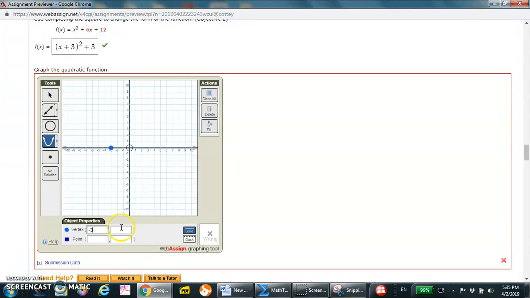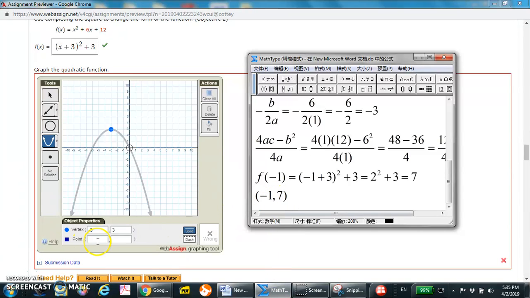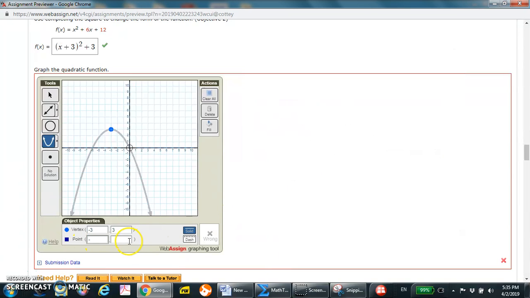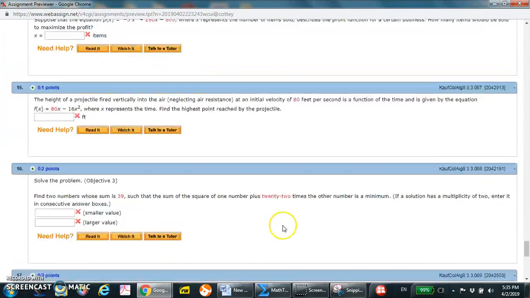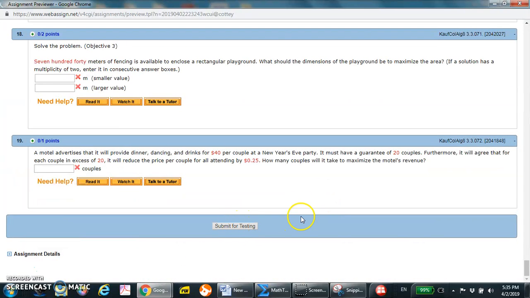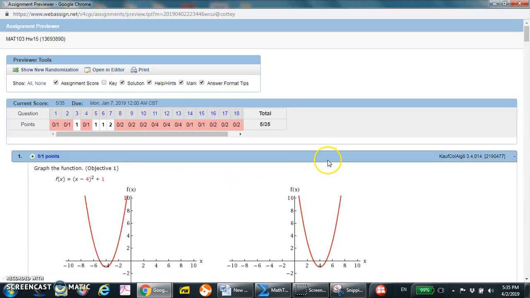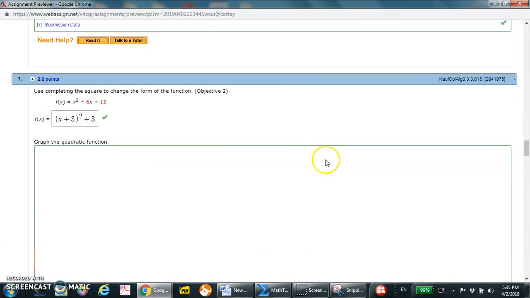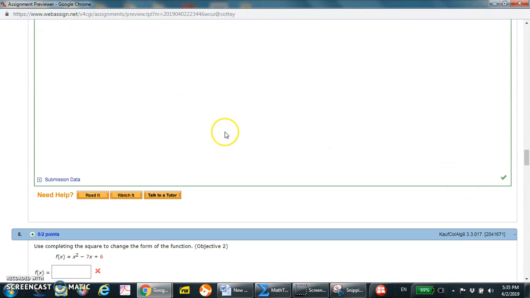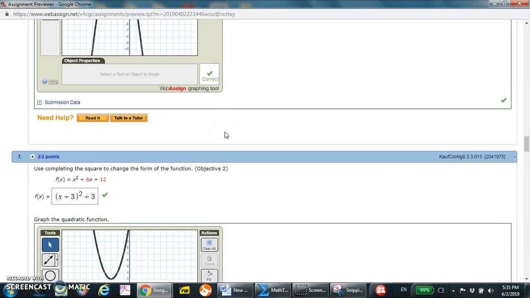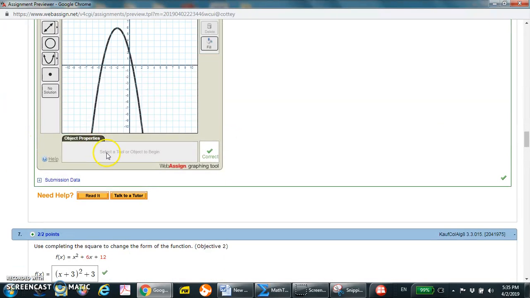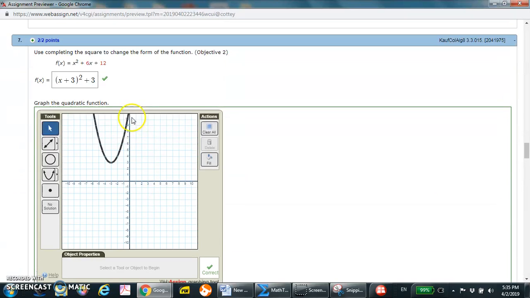So -3 and +3, this is our vertex, and the second point is -1, 7. Okay, good. Our answer is right.